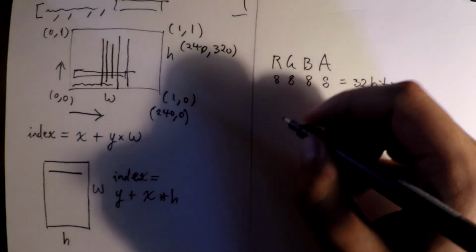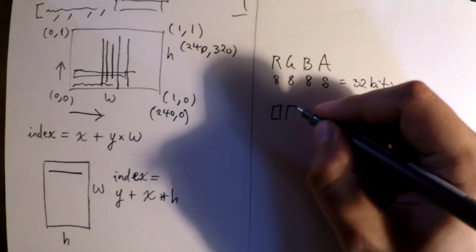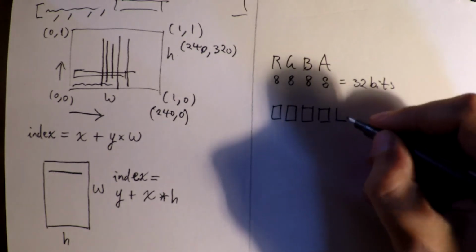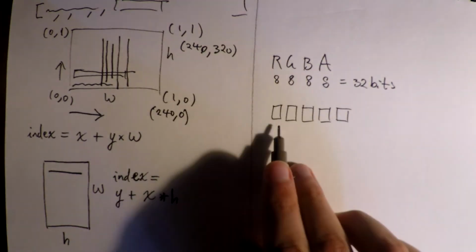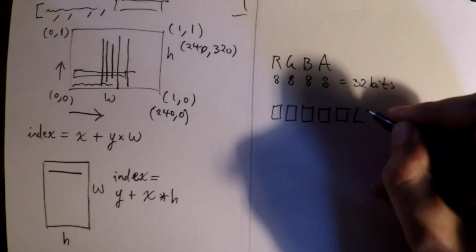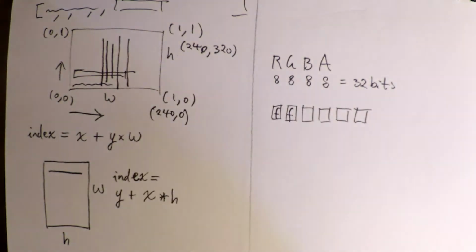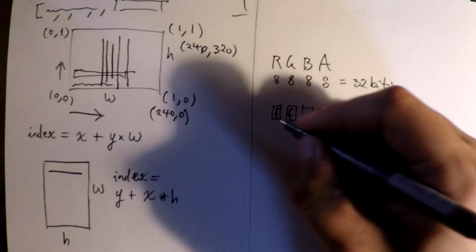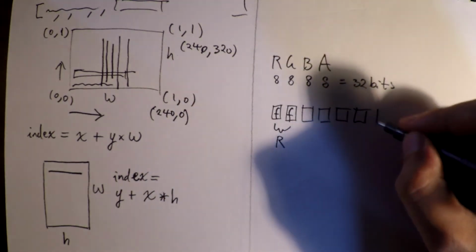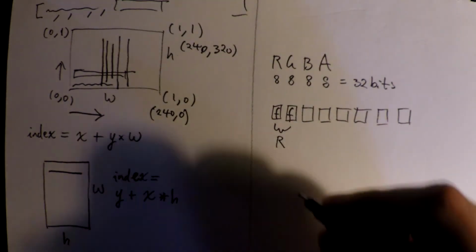Now, if we look at a 32-bit integer, I'm just going to write in hexadecimal. For example, 255 would be FF in hexadecimal. Red, green, blue, and alpha.